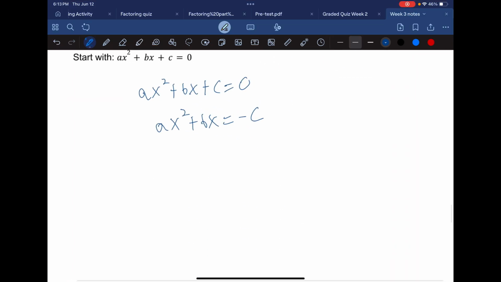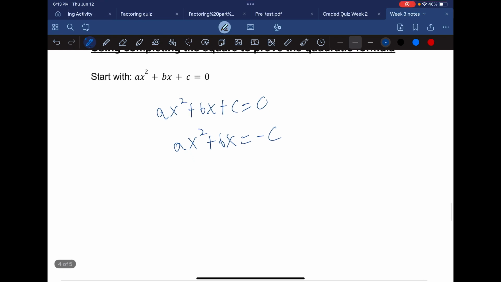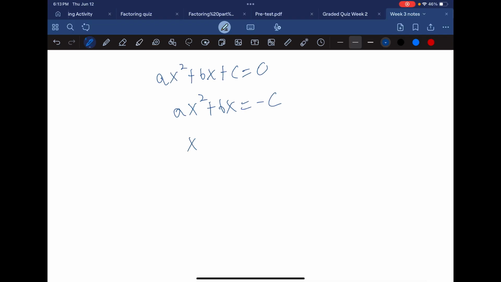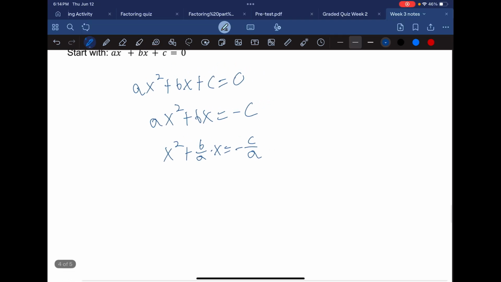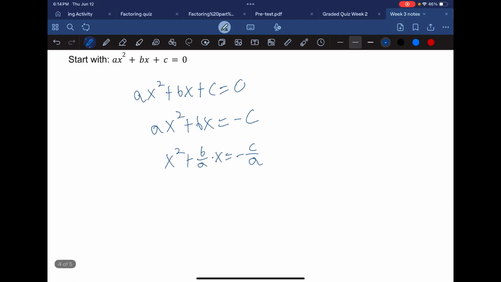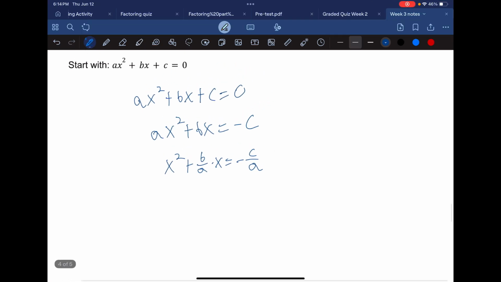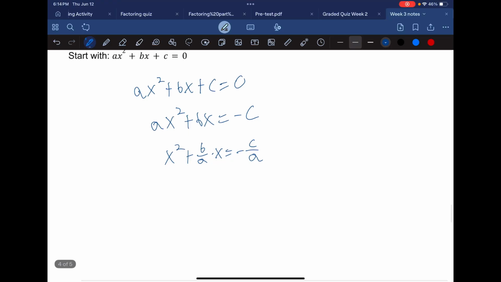So we didn't have to worry about that, but we can't just assume that a equals 1 and hope it works. So here we have to divide by a. So we have x squared plus b over a times x equals negative c over a. All right, and then we're doing the kind of complicated step. We're taking our b over a, and we're going to take half of that.